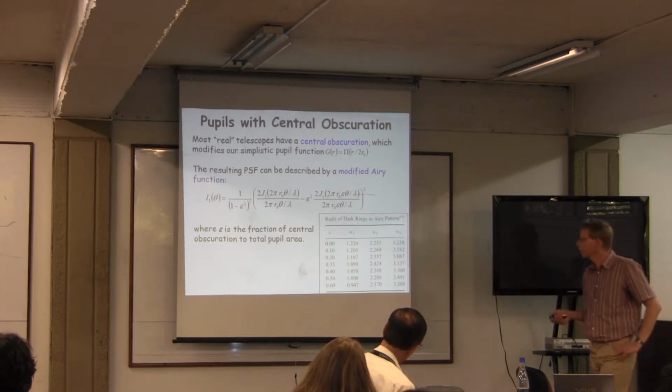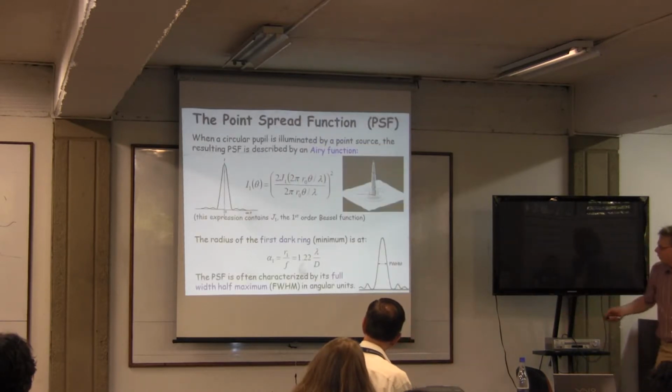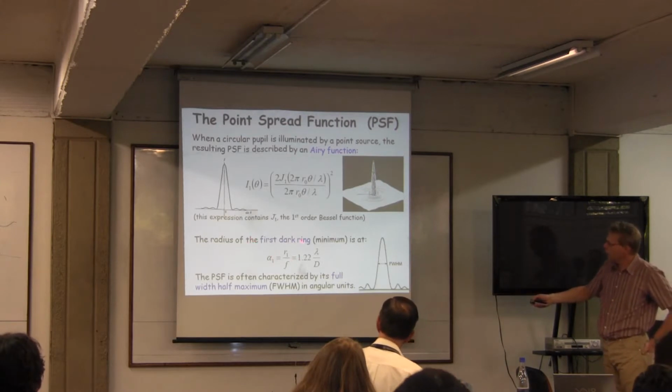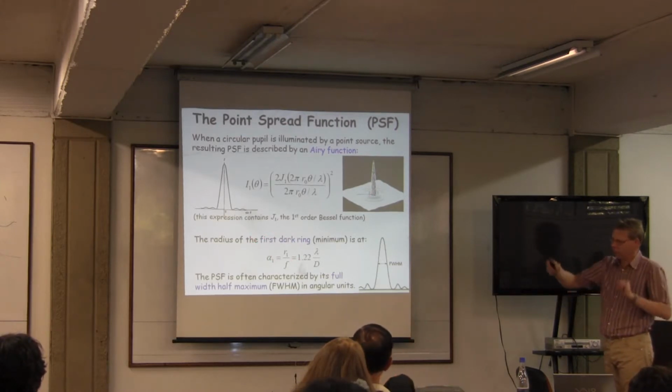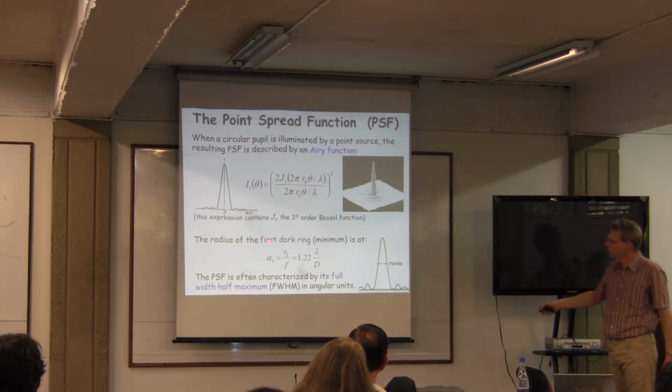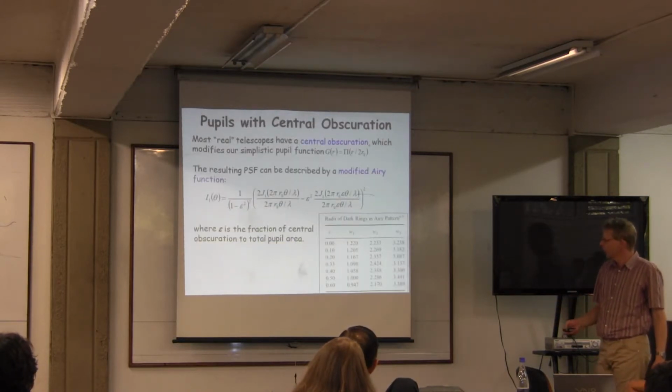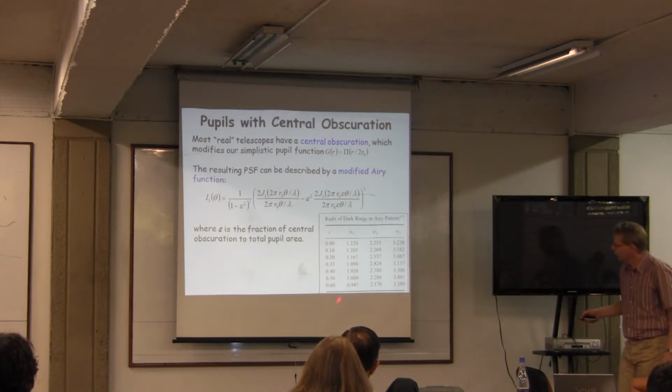Yeah. Okay, but again, remember what we said for the simple case of a continuous pupil: your first dark ring would be at 1.22 lambda over D. And now you add some central obscuration, and now it's not at 1.22, it's actually getting smaller.